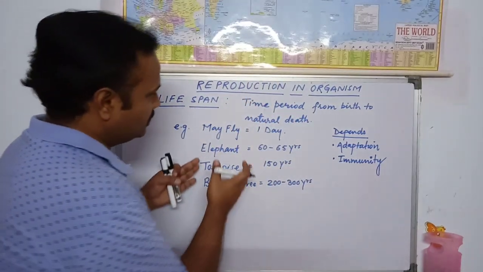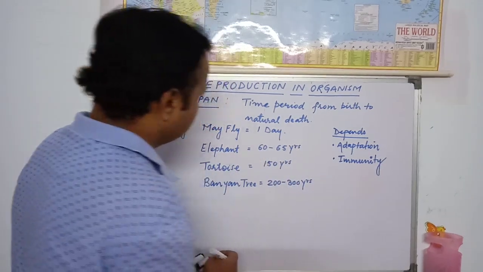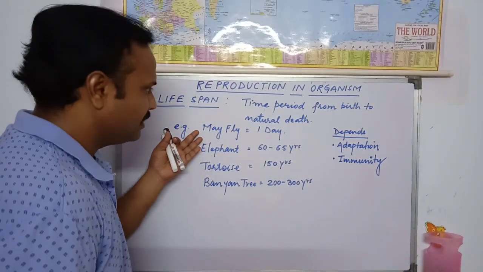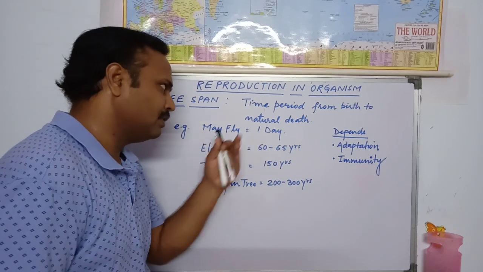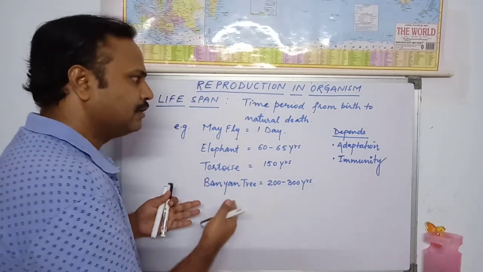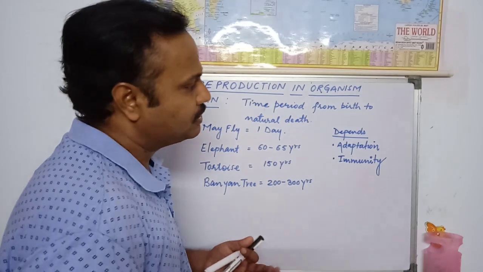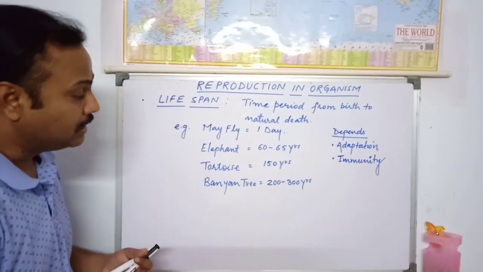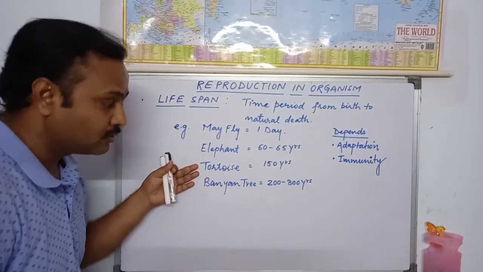As far as the immunity is concerned, if you compare the immunity of the mayfly that survives only one day, definitely the immunity as well as the adaptation of these organisms is very very less in comparison to the elephant or the tortoise.